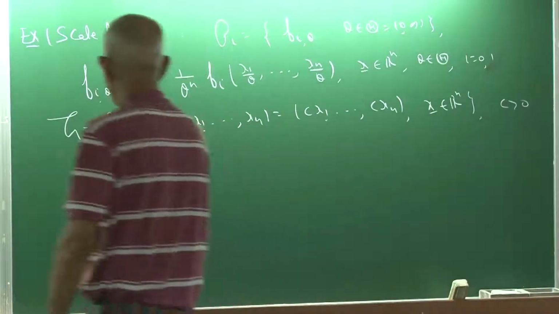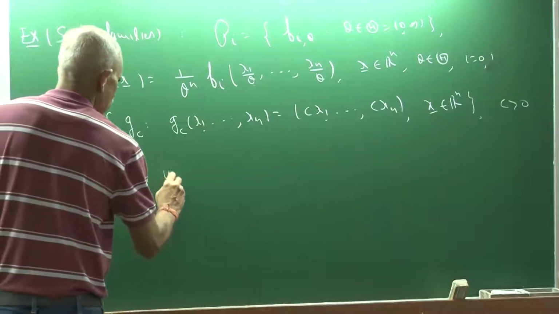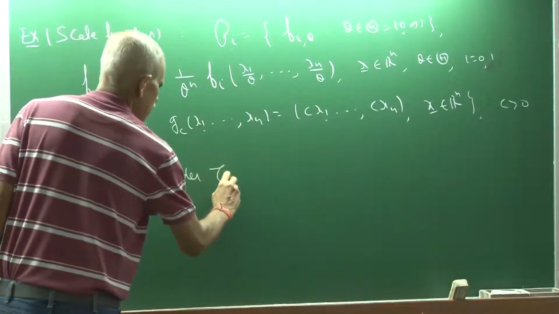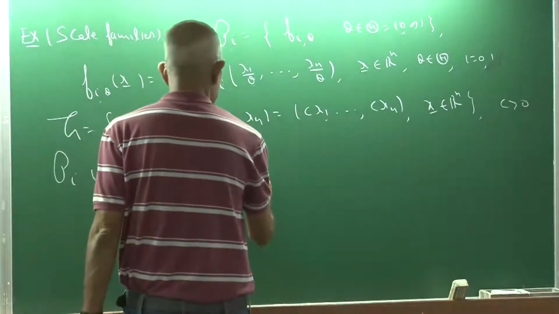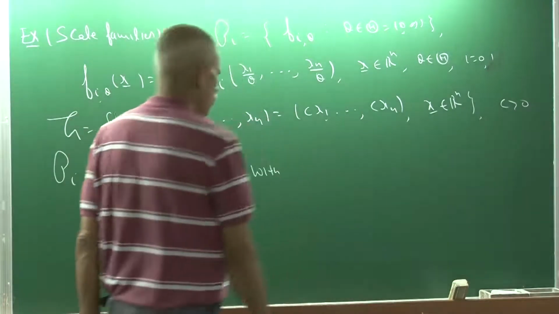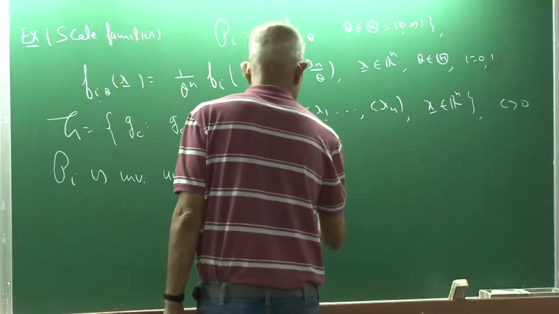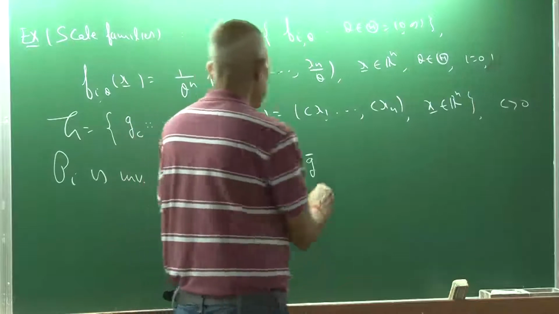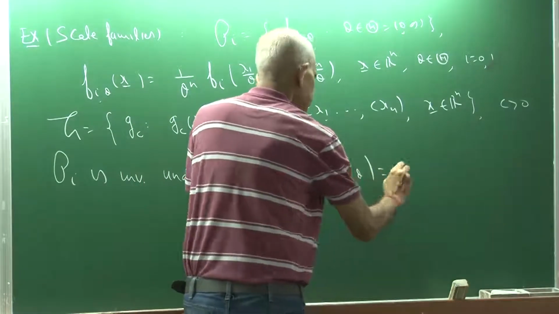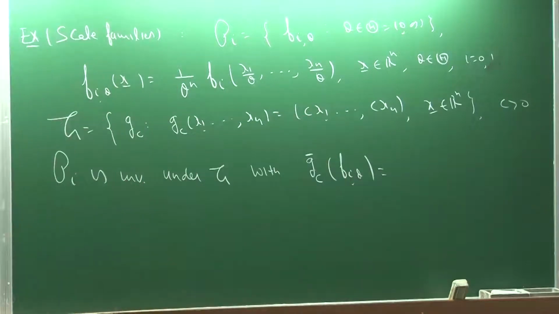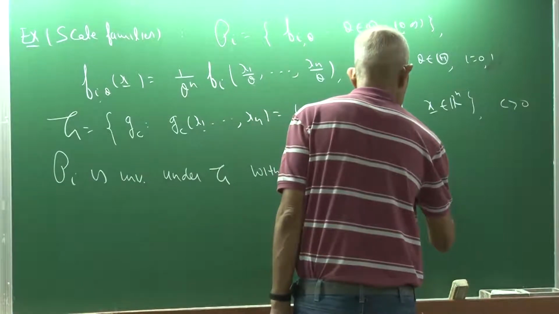So Pi is invariant under G. What is the induced transformation? My induced transformation is g bar C, which takes Fi theta to Fi, and then C theta.